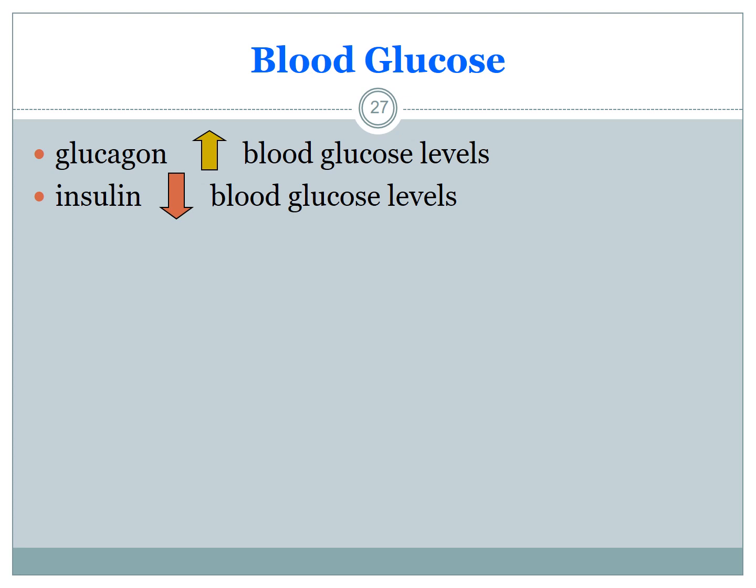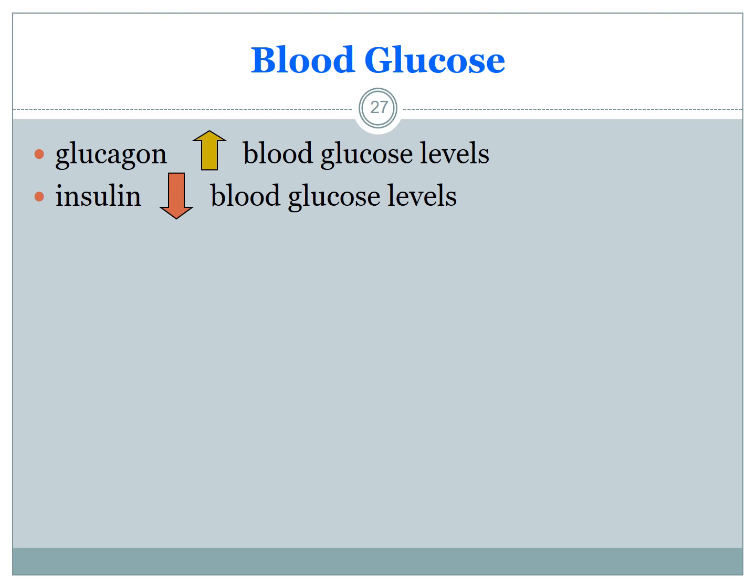For instance, let's look at blood glucose, right? You eat a bagel and it's digested, and the sugar enters your bloodstream, and insulin is the hormone that allows your cells to take up glucose, which they use as an energy source.